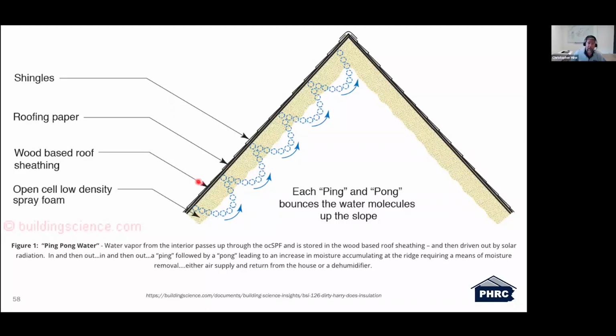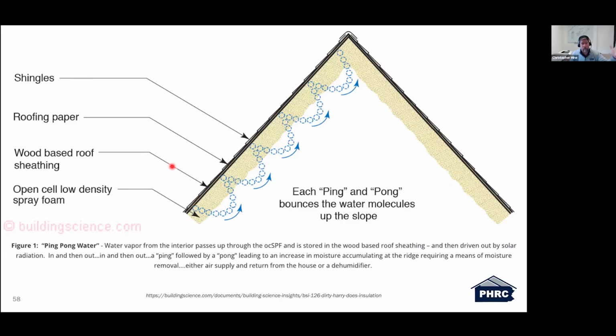So what that allows is for vapor to permeate through that open cell spray foam and get absorbed into that roof sheathing. However, during the day, that moisture is then driven out through solar radiation. And that's what's causing, as Joe Stiebert called it, the ping pong effect, where we have water vapor permeating the open cell spray foam, being absorbed into that roof sheathing.